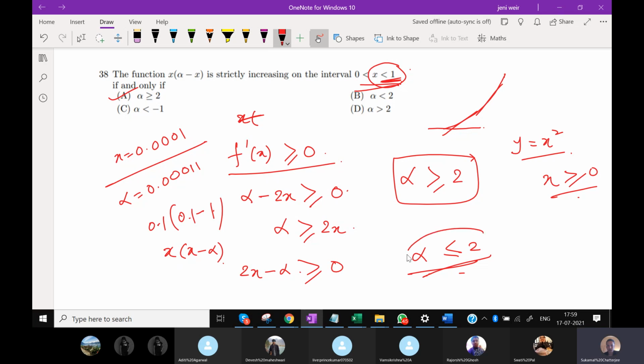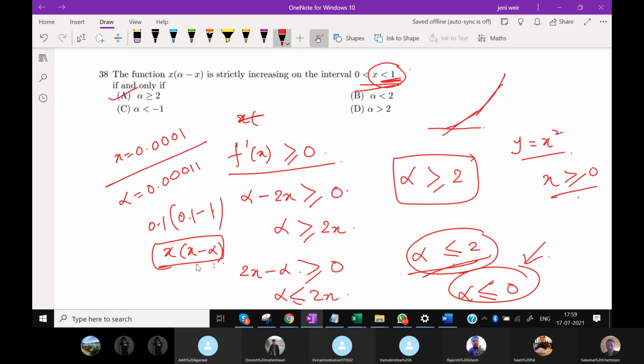So alpha will be less than equal to 2, actually alpha should be less than equal to 2x. So from one bound, I'm getting less than equal to 2. And from the other bound, I will get alpha is less than equal to 0. So in that case, the value of alpha has to be less than equal to 0. If the case is like this. Clear?